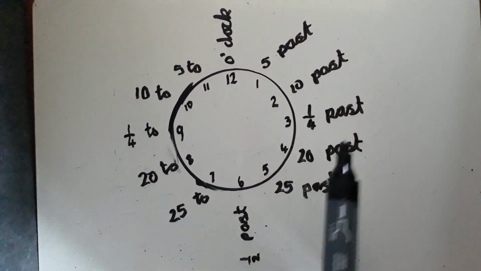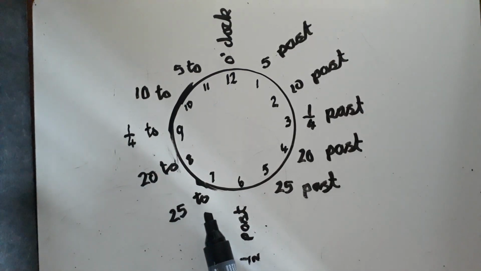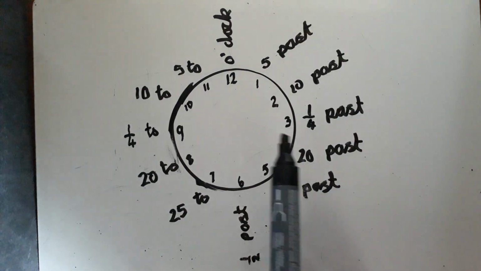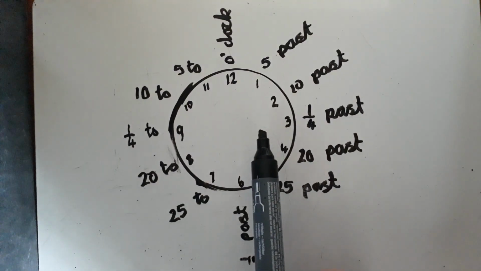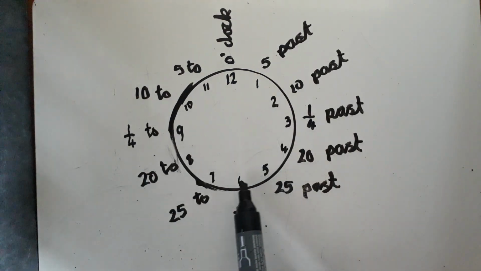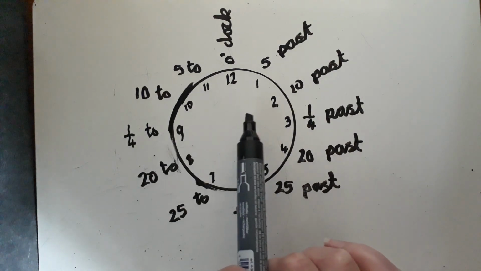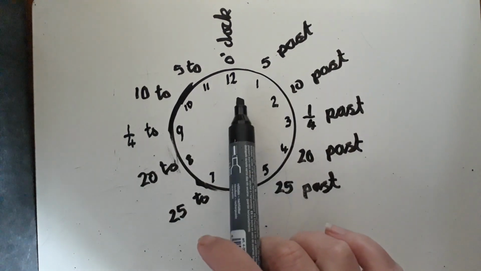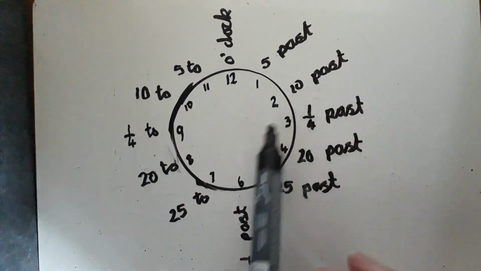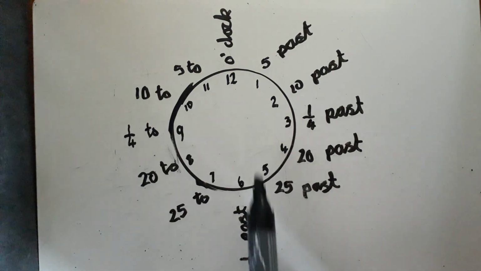Okay, so why do we have the past and the to? The past tells us which hour we've just gone past around here. So if it's been 3 o'clock and then we get to 10 past, it will be 10 past 3. Okay, all right.